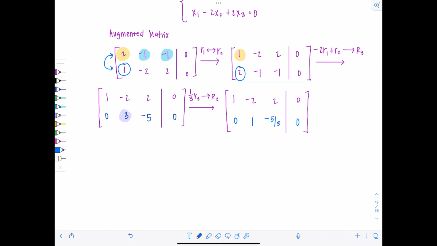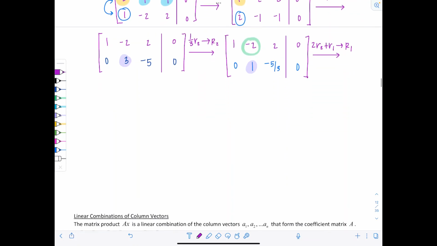Great. So now that we have our pivot all handled, remember, I use it to zero out everybody else in the column. So this -2 needs to become a 0. How shall we do that? Well, let's take 2 times row 2, add it to row 1, and that's my new row 1, right? Okay, so in this case now, row 2 is not changing. So I'm going to rewrite 0, 1, -5/3, 0.